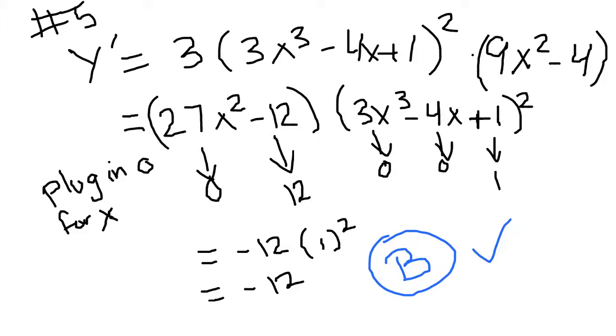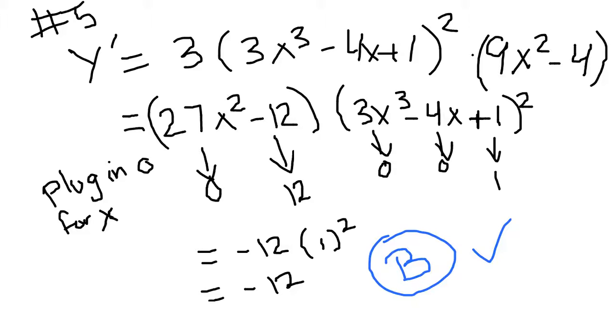Alright, so to find the slope of the tangent line at a specific point, just remember the slope of the tangent line is the derivative, okay? And to find that slope, we're just going to plug that value into the derivative. So first step, we need to find the derivative, of course.